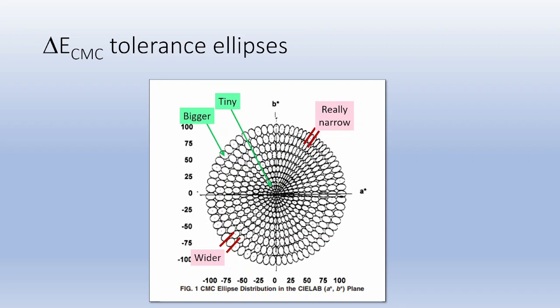We also notice that we go from ellipses down to circles in the center. The ellipses get less eccentric. They get more circular as we go down close to gray, and they get smaller. So the tolerance around gray here is fairly small in terms of A star and B star.